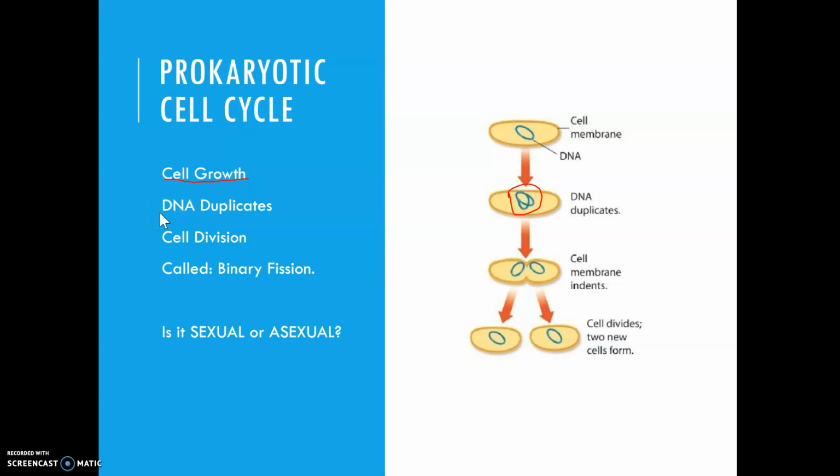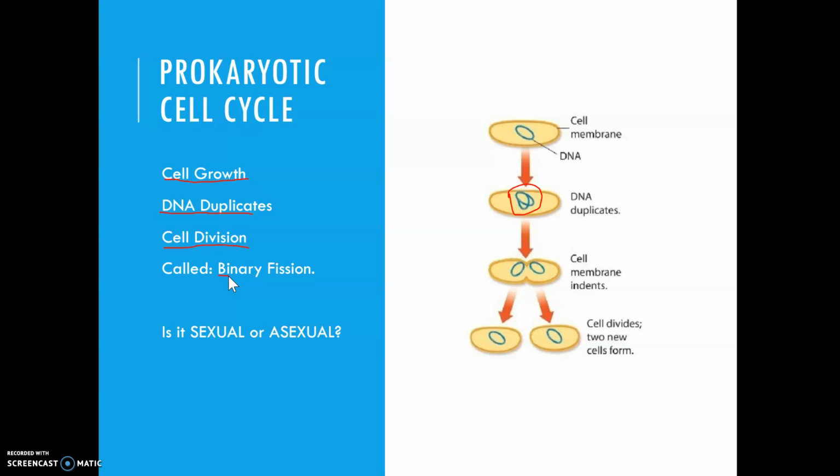Second step, the DNA duplicates. Third step, the cell divides. So, cell division. The entire process is referred to as binary fission, and I underlined the prefix there, bi, because just like bicycle, what does that mean?